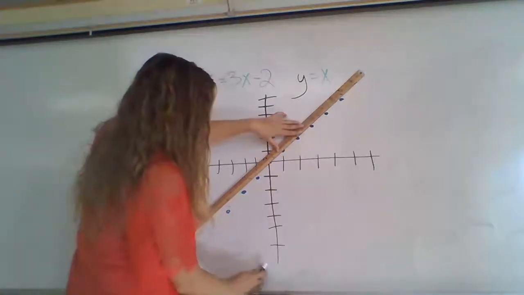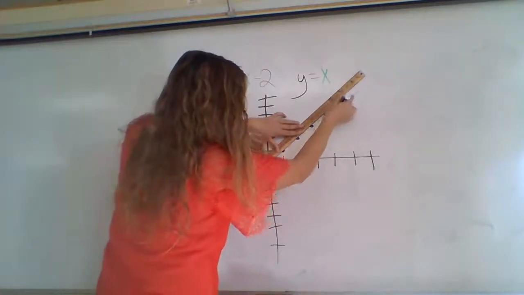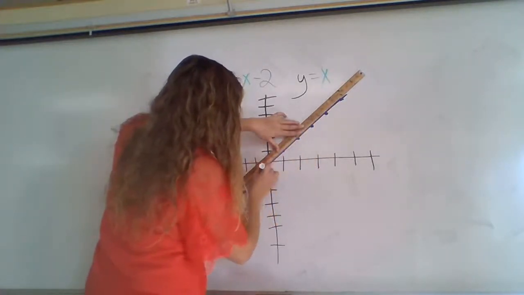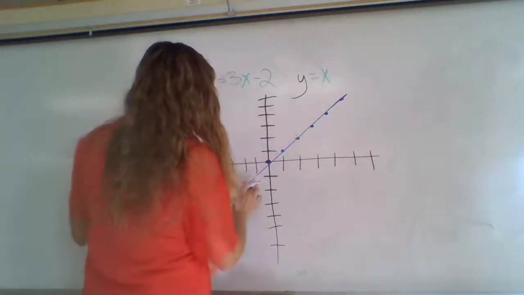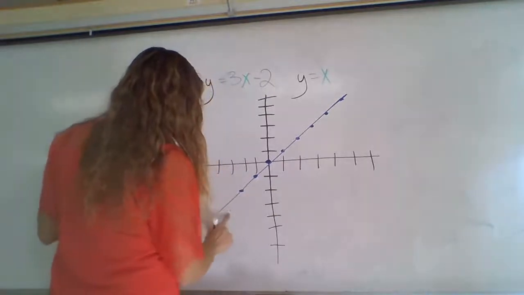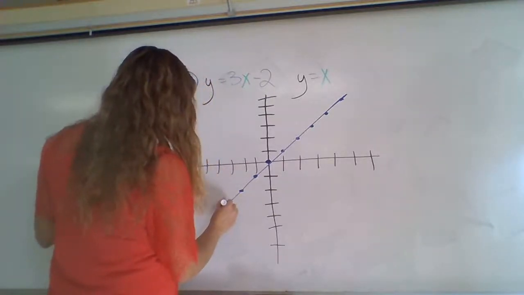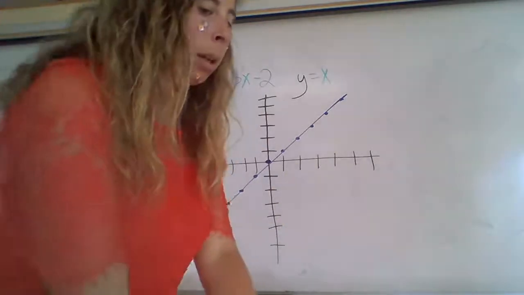I'll make it match up after I draw it. This is why graph paper is helpful. But we should get the idea. I'll just move my points so they're on the line. Okay, so that's your line y equals x.